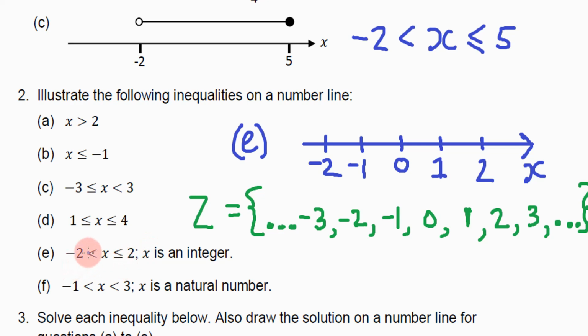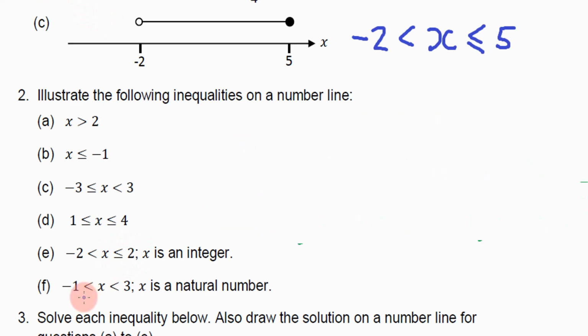So, x is strictly greater than -2. -2 is an integer, but since x is strictly greater than -2, we can't include -2. The next integer greater than -2, of course, is -1. So we need a dot at -1. Then, of course, we have 0, 1, and 2. And here it says x is less than or equal to 2. So we have to include 0, 1, and 2.